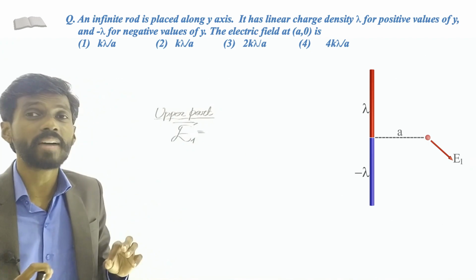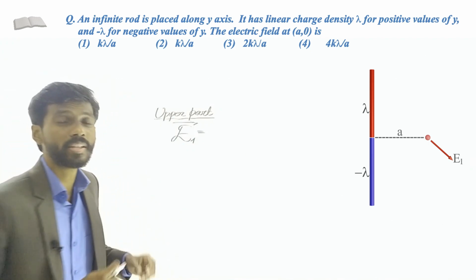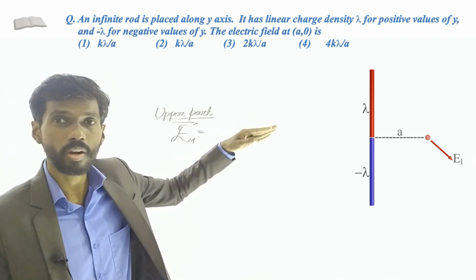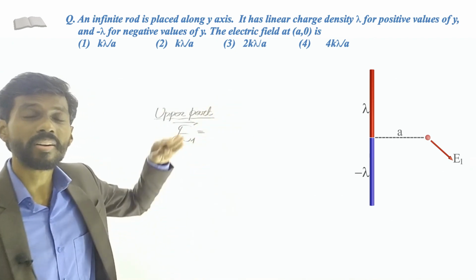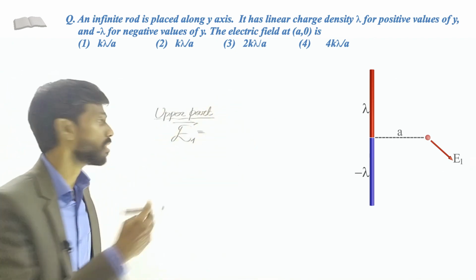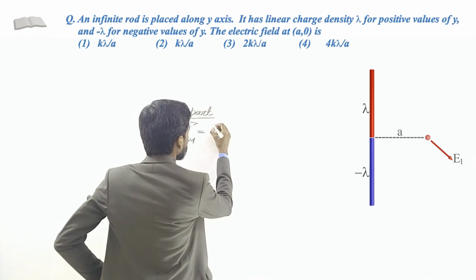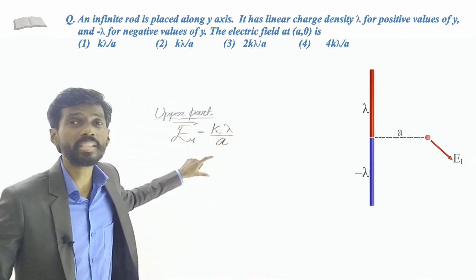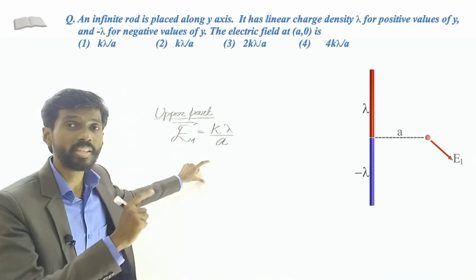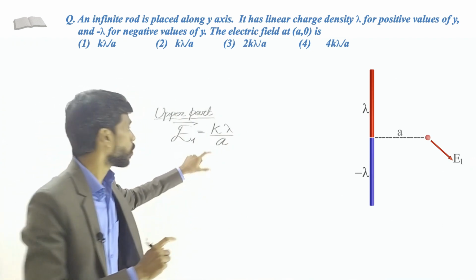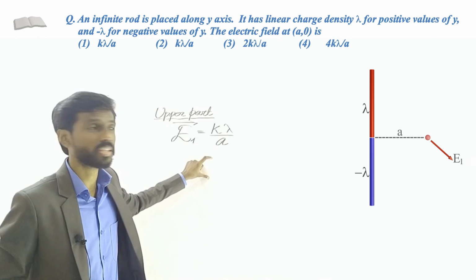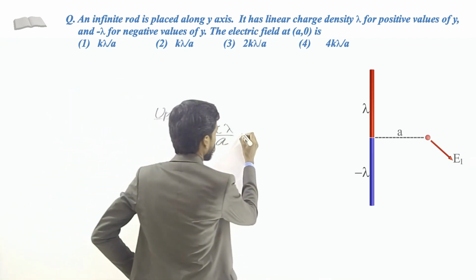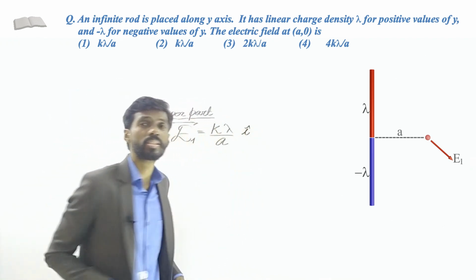But these two components have the same magnitude. Do you remember the magnitude of the two components along the horizontal direction and the vertical direction? That has value k lambda divided by the distance, which is a. This is the component in the horizontal direction and also in the vertical direction. So what is the vector along the horizontal direction? This multiplied by the unit vector in the horizontal direction, that is i cap.